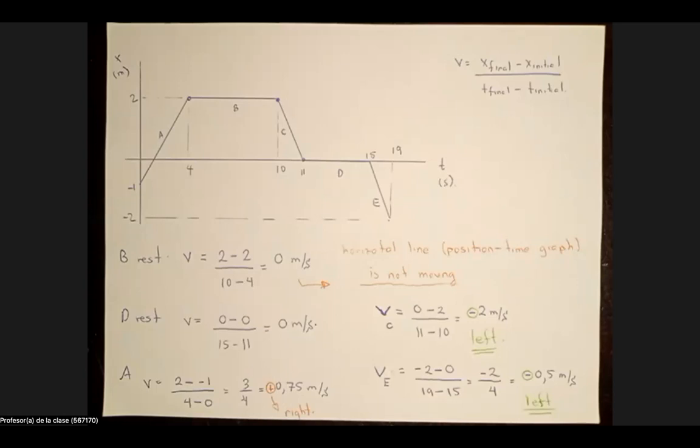The reason is that the slope, or the average velocity, is giving us 0 meters per second. Okay, so this was the example. I will do more examples in the next videos. So thanks, see you.